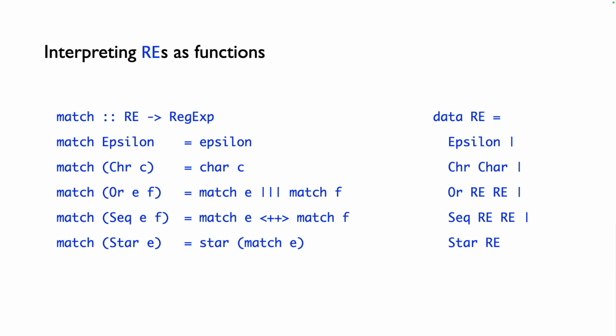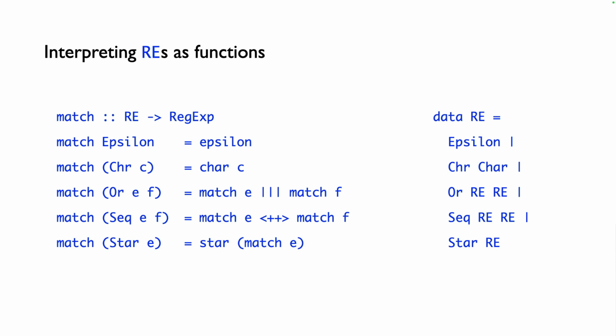And in the recursive cases, to match OR of expression e and f, we have to match e, match f, and combine them with the 3-bar operator. So what this function does is it replaces the constructor like OR with the function 3 bars, or seq with the angle plus, and star as a data type with star as a function.